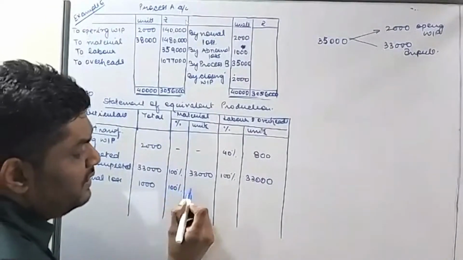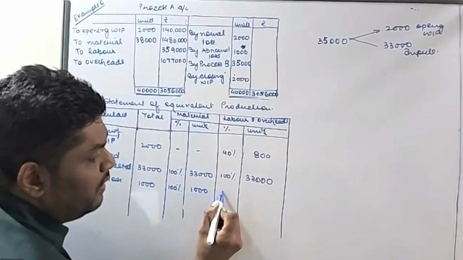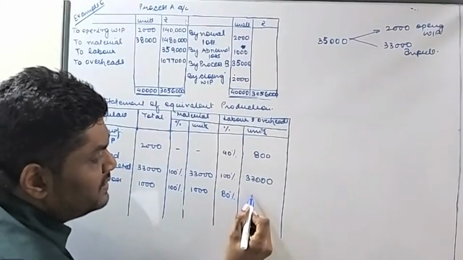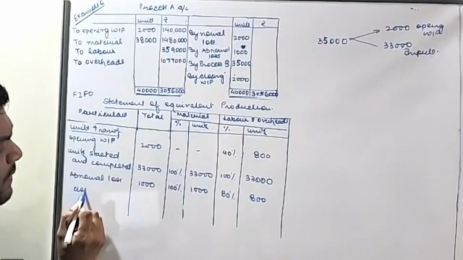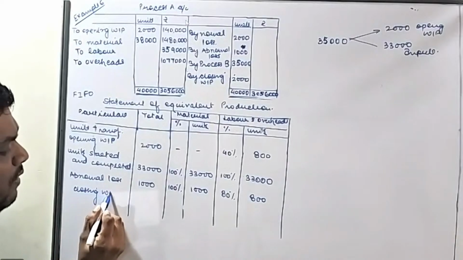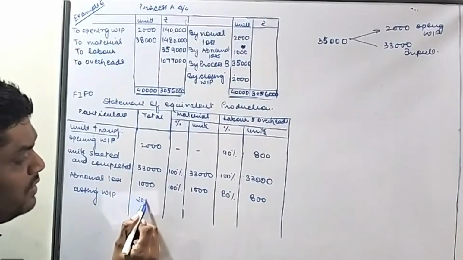So 100%, 1,000 and 80%, 800. For closing work in progress, it is 2,000 units.